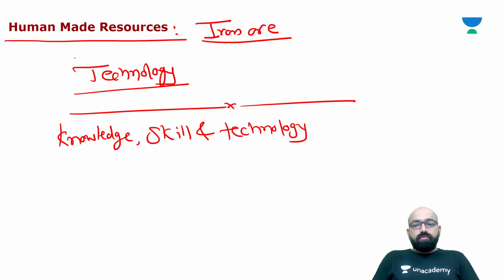So that is why human beings are a special resource. So people are human resources.